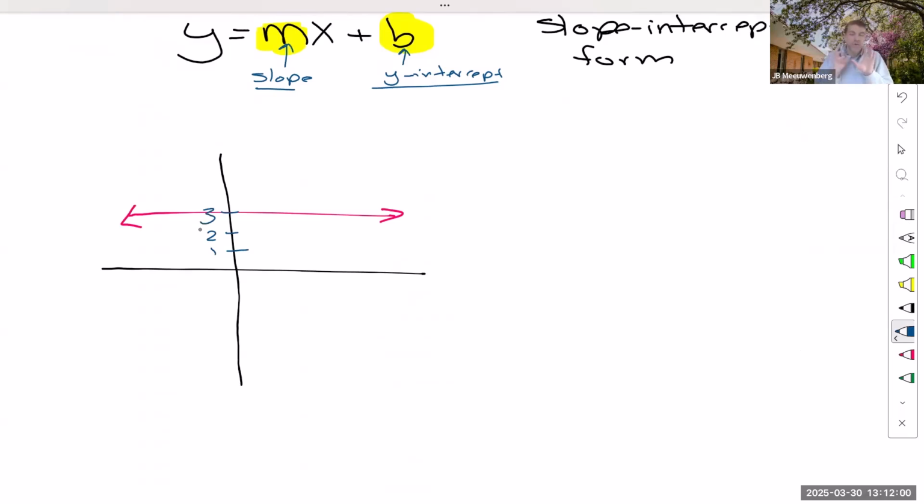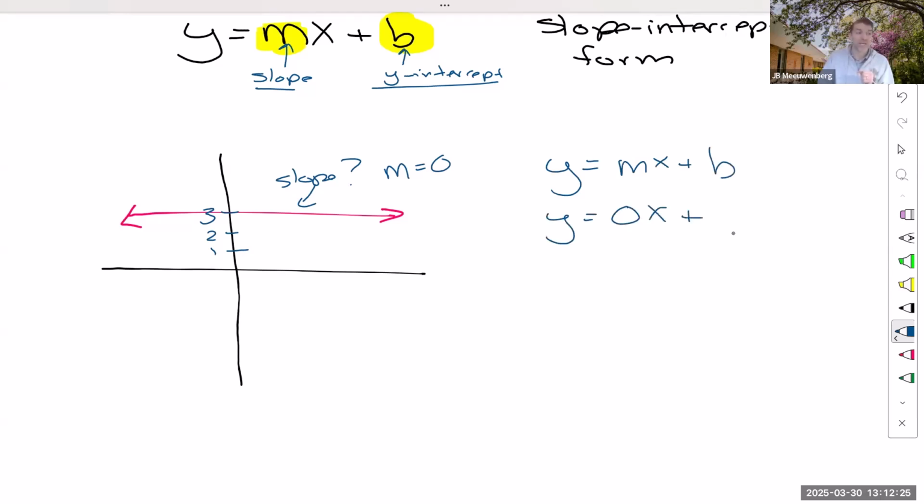Do you remember, we talked about this before, what the slope of a horizontal line is? The slope for a horizontal line is 0. M is equal to 0. So if you try to use slope-intercept form, y equals mx plus b, what you would have is y is equal to 0x plus, and in this case, our y-intercept is the point 0, 3.